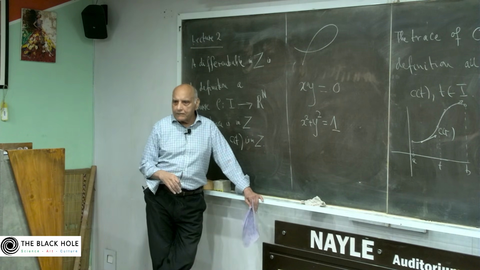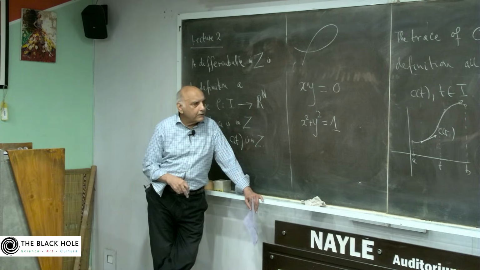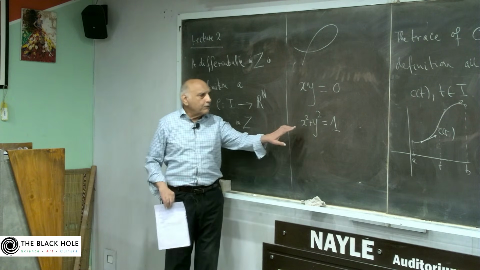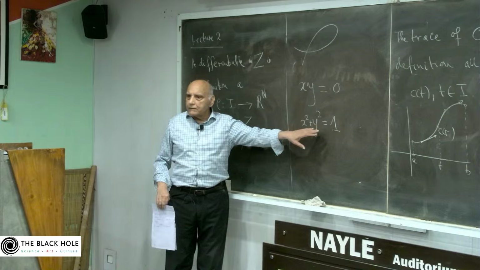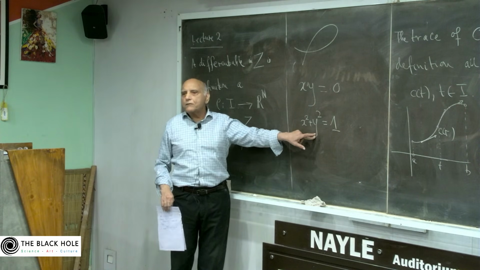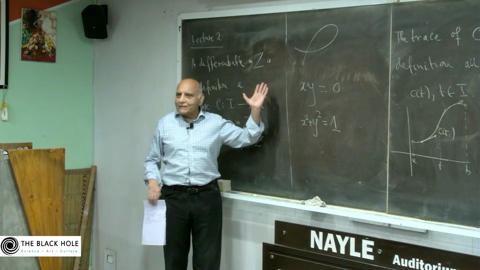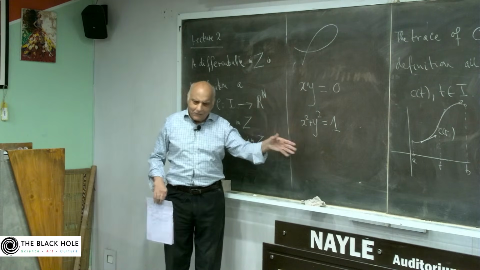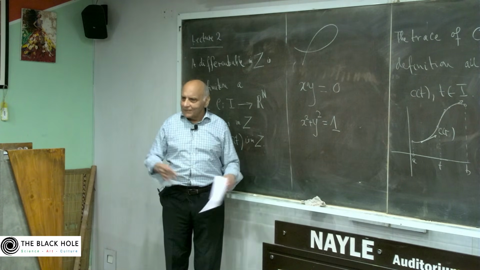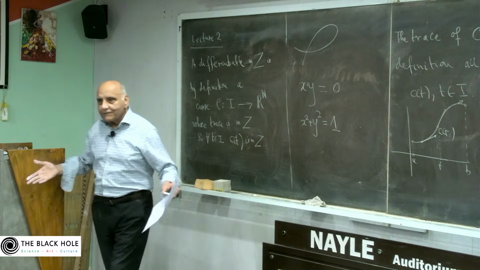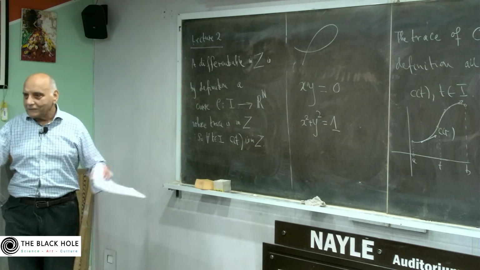Or you could solve for one variable in terms of the other, and then you would not have parameters. Is it clear, Parvez? We would call the set of points x squared plus y squared equals 1 a manifold. Are you okay with that? Of course. But I have not even defined a manifold.